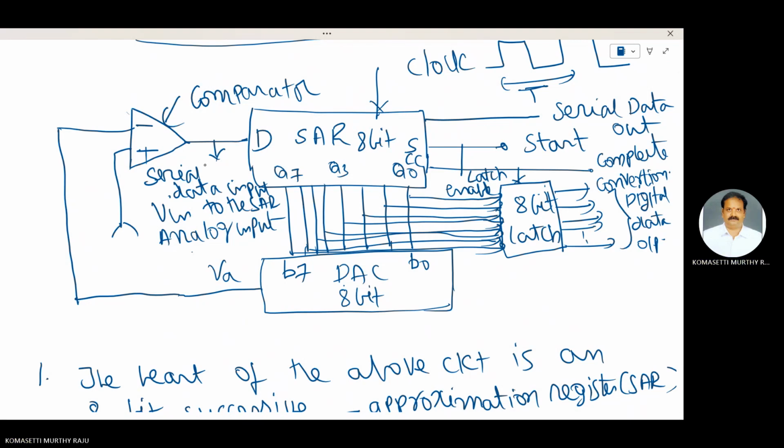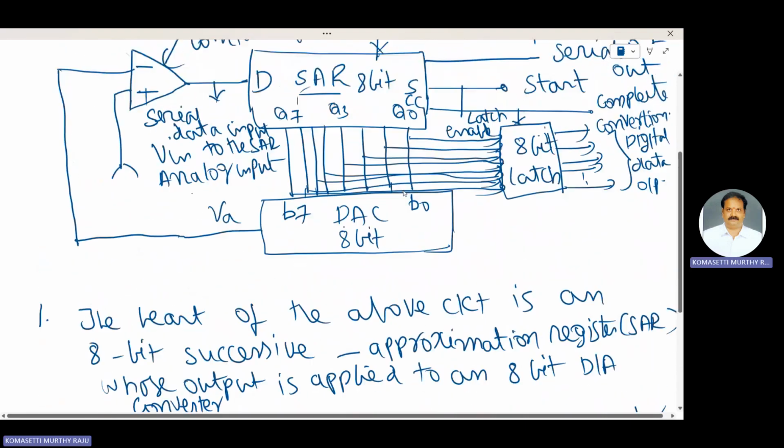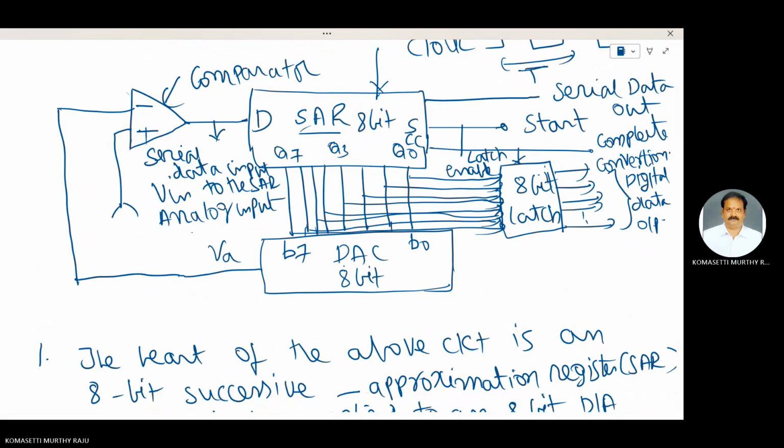The output of the comparator is serial data that is input to the SAR. The main function of the SAR is to adjust its digital output, that means 8 bits, until it is equivalent to the analog input. Later we will see.